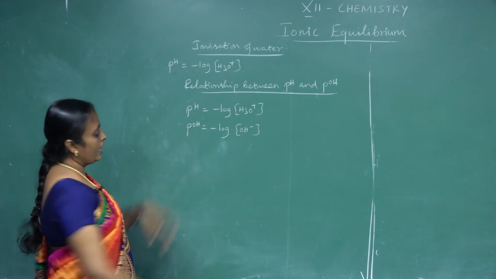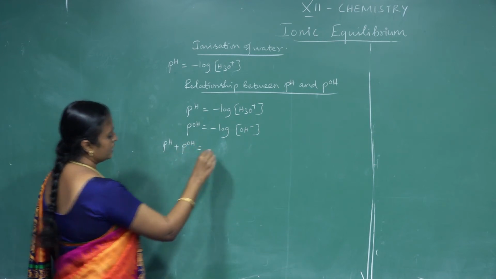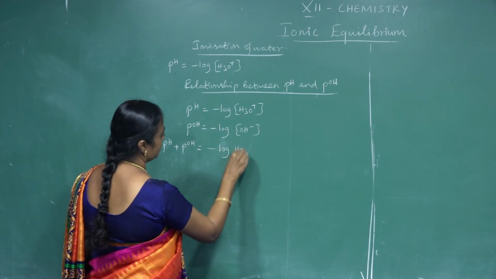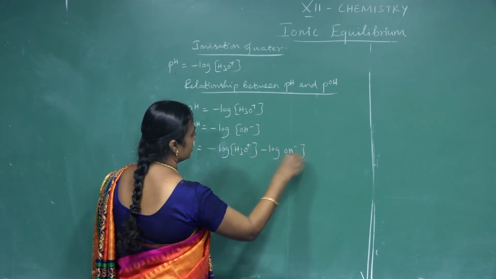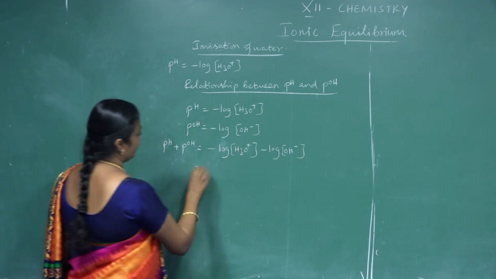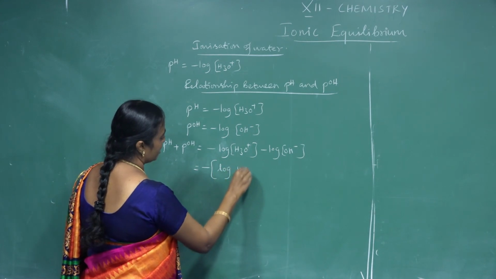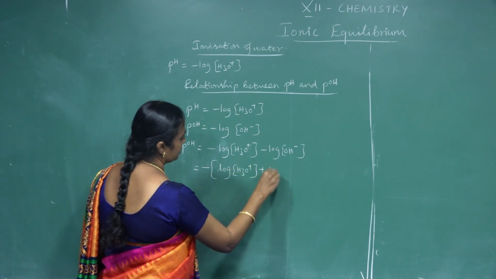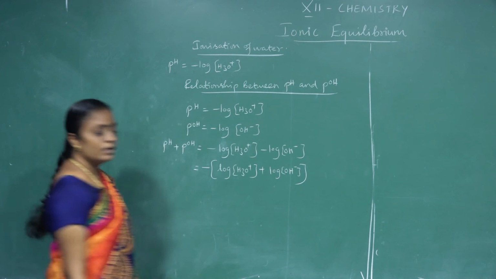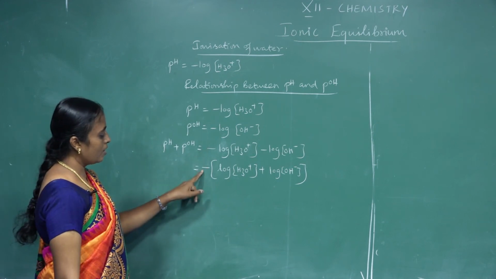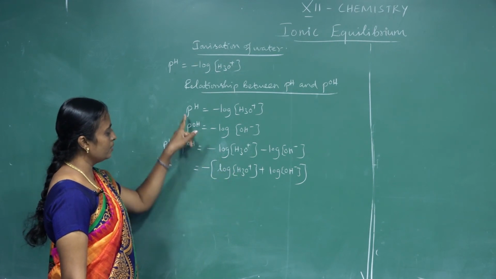Now when you add pH and pOH, I am going to add minus log of H3O plus, minus log of OH minus. If you take the minus sign outside, you will get log of hydronium ion plus log of hydroxyl ion. We know that minus of log of H3O plus is nothing but pH.